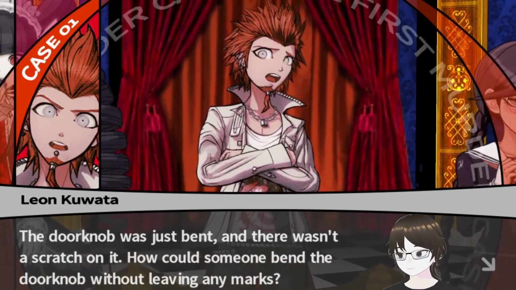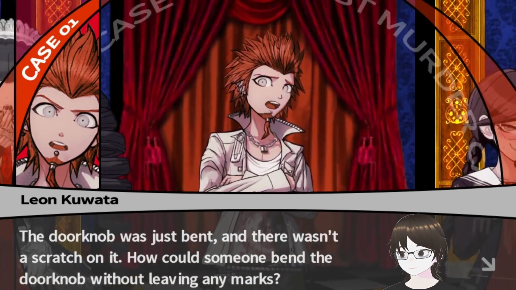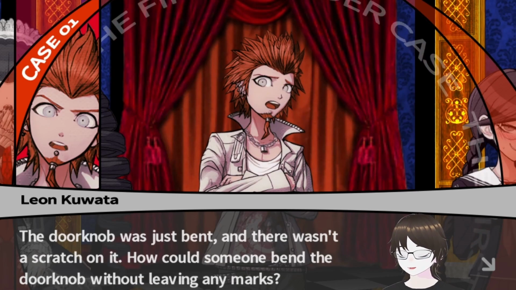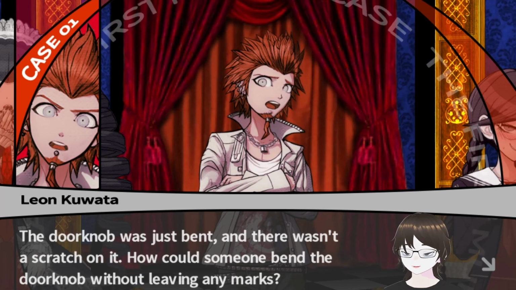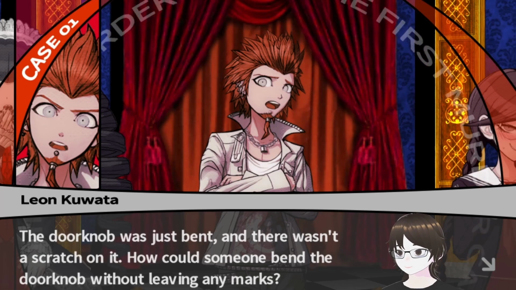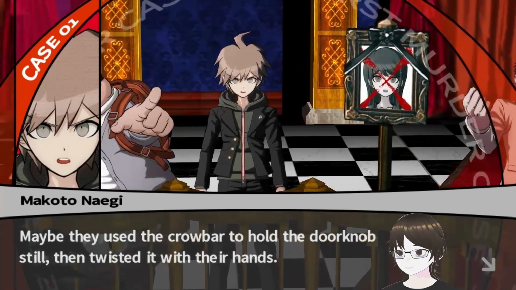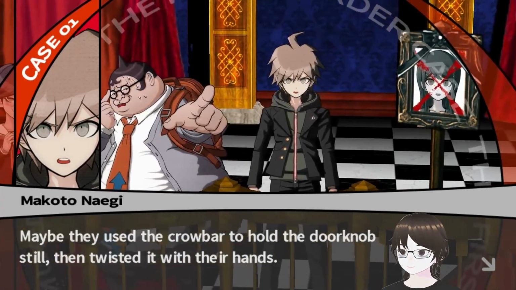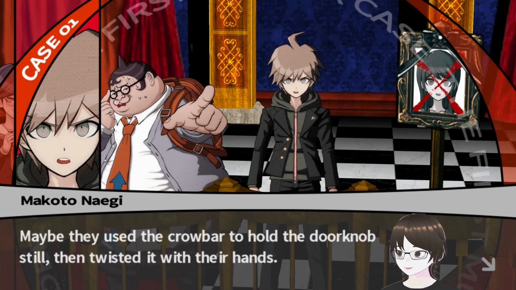How could someone bend the doorknob without leaving any marks? Probably the same way they got into the room. They tried to open it with their crowbar, and since the door frame was ill-fitting, it's likely that prying it open also damaged the doorknob. Maybe they used the crowbar to hold the doorknob still, then twisted it with their hands. Or that.